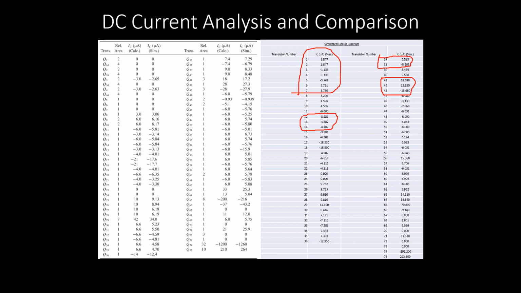Two more that were a bit higher than expected were 46 and 56. 56 was about twice or 3 times what it should have been. 64 was a bit larger and 65 was a bit smaller. 66 was also a bit smaller, as well as 71, 74 and 75.